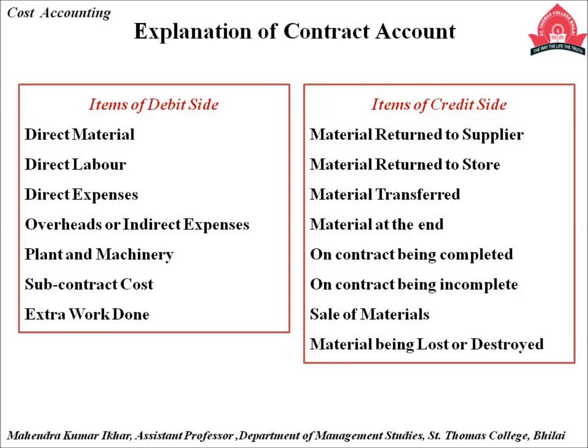Work certified is the work that is completed and approved by the engineer, and work uncertified is that portion of completed work which is not certified by the engineer. Also the credit side includes the information related to material and plant which is not used till the end of the contract or till the end of the financial year.